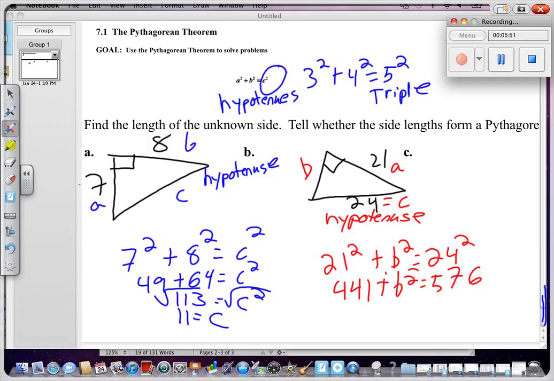What do I do now? Subtract 441. Good. And I get B squared equals 135. And what do I do next? Square root it. So B equals 11.61 approximately.